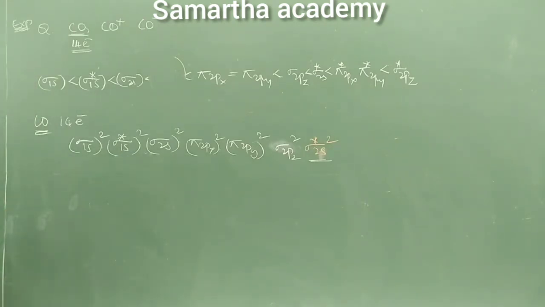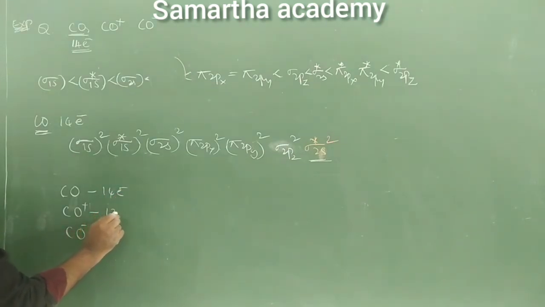Okay. Then can you write CO plus, CO minus based on sequence? Right. Next, if you calculate bond order of CO, CO plus, CO minus, tell me how many electrons here? 14. It is 13 electrons. It is 15 electrons.